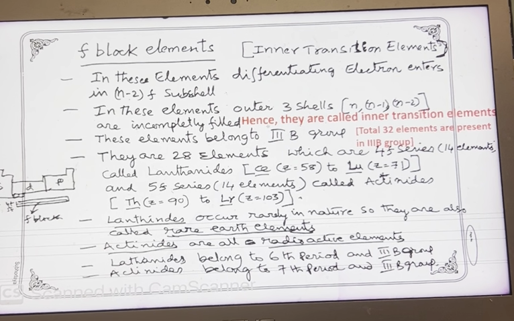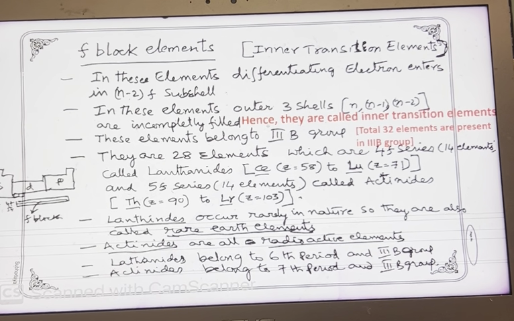Lanthanum is a d block element, but the lanthanides are f block elements.